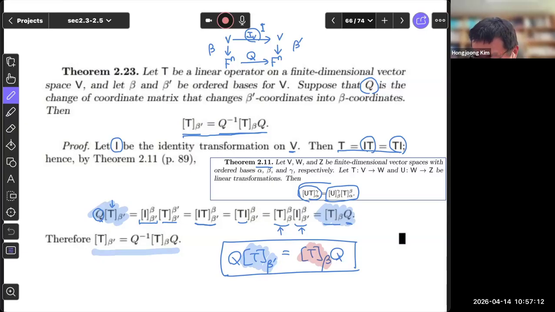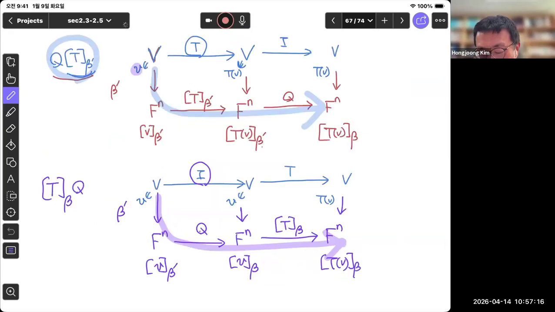So these two will be the same, meaning given this mapping on V space, I can consider this T, or identity T, and that can be interpreted like this.